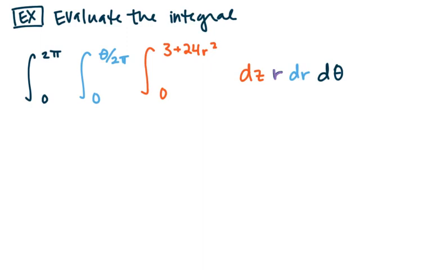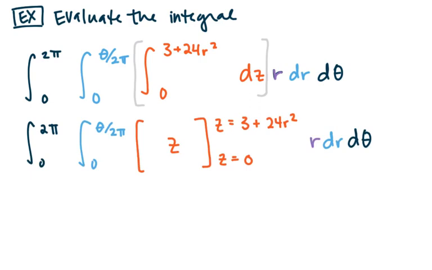Here we're going to evaluate the integral given in cylindrical coordinates. Notice we have no integrand, and we also have this extra integrating factor r. So integrating nothing with respect to z, we're looking at just this piece of the integral. That's going to give me z. So my bounds on theta are still the same. My bounds on r are the same.